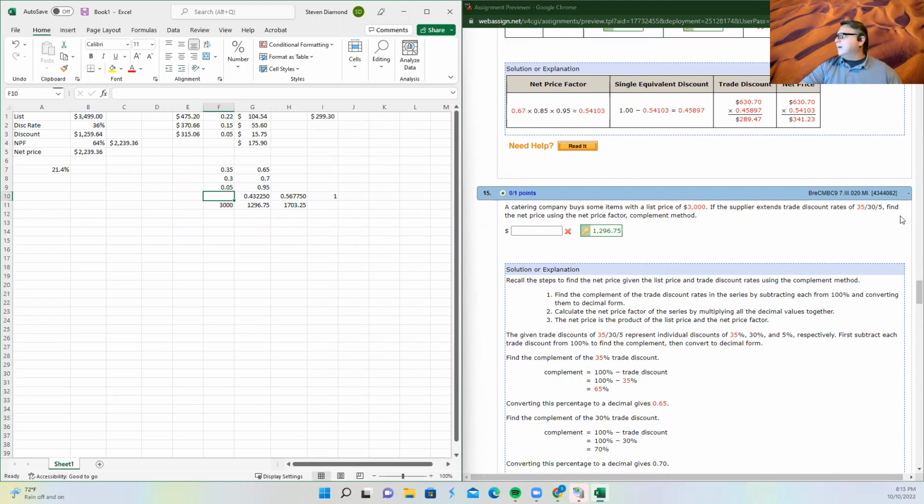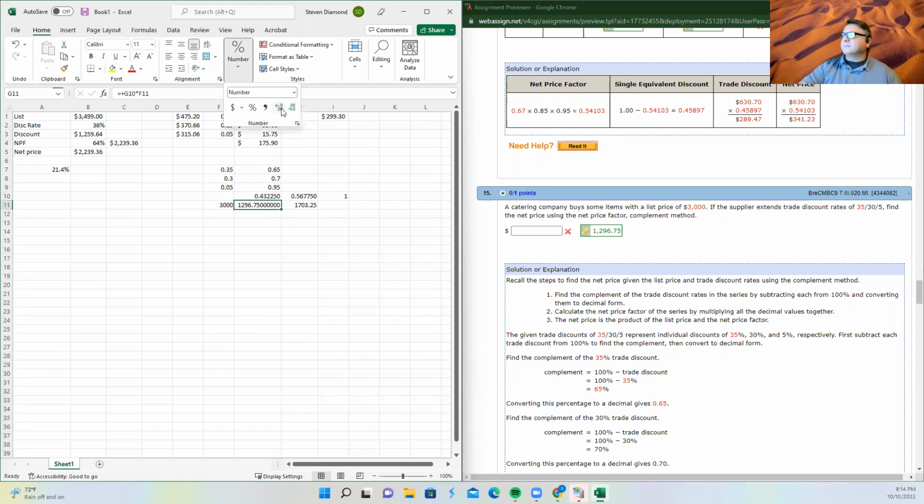And they say, find the net price using the net price factor, complement method. So we got the same thing here. And remember, once again in Excel, Excel sees it farther out, but since there's nothing but zeros there at the end, then we don't have to worry about that.